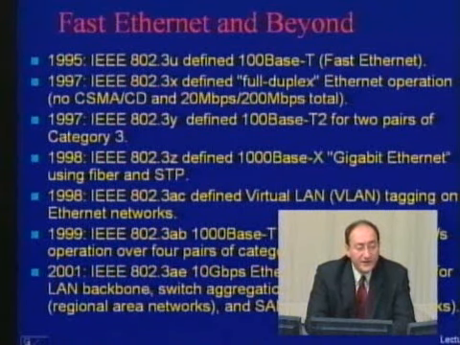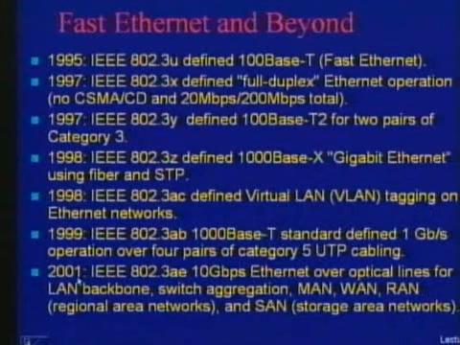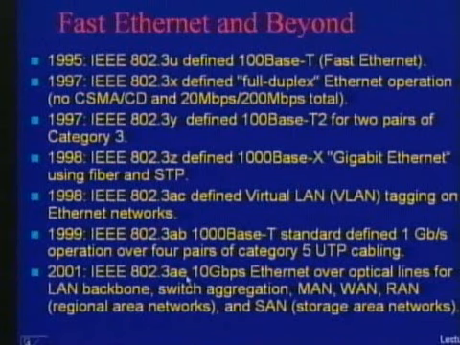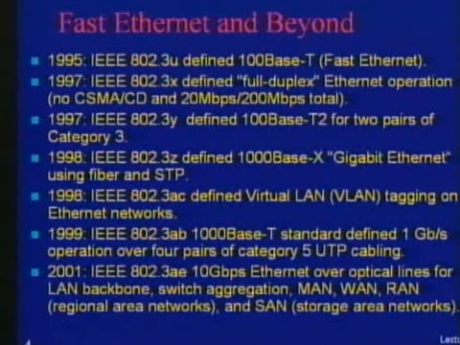Then after that, as of last year, they started to go to 802.3ae, which is 10 gigabit per second. The trend is that this standard now tries to capture the backbone, because gigabit and 10 gigabit per second are not the data rates that you need for the user. So now Ethernet wants to go and capture other people's territory.